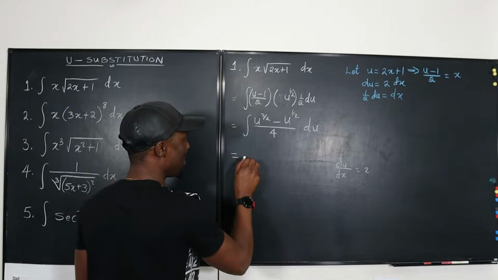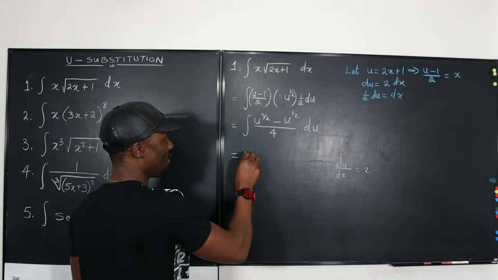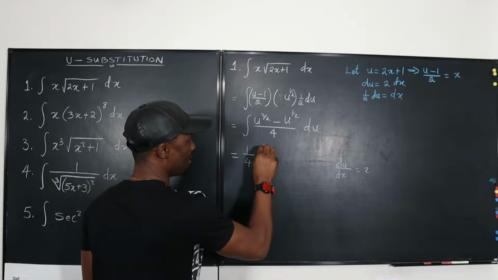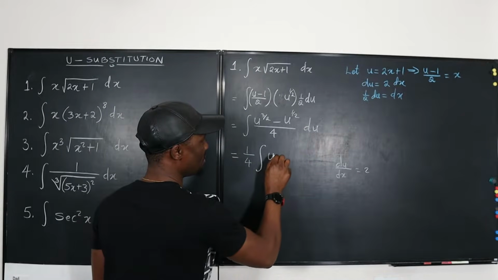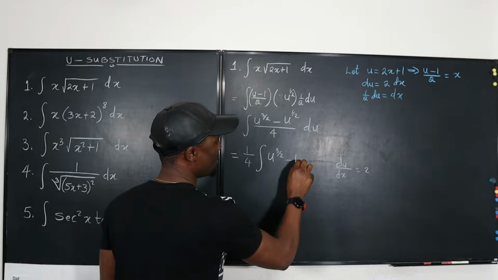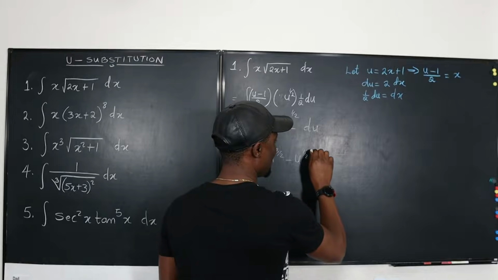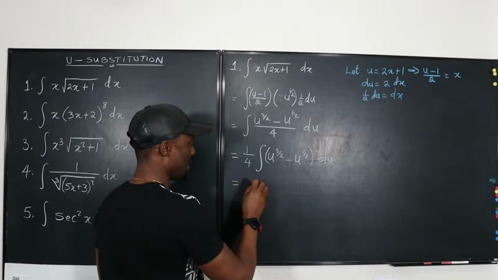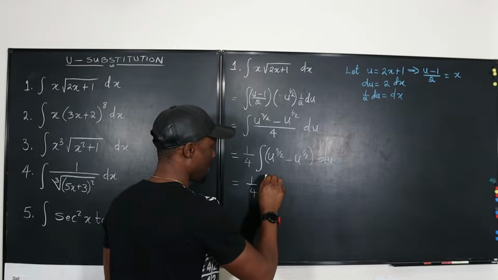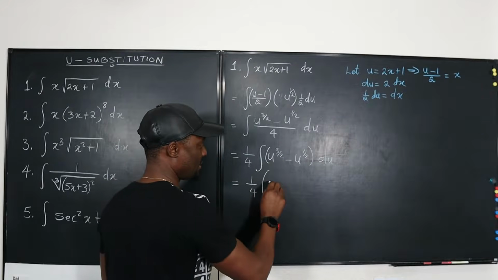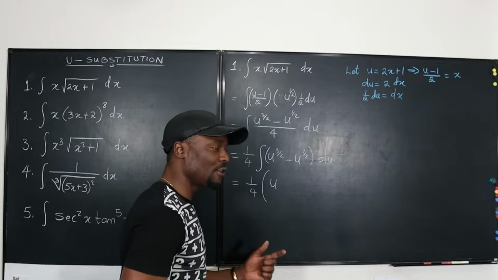So here I can move this 4 out as 1/4, and then I do the integral of u to the 3/2 minus u to the 1/2 du. So now you have du. Let's take the integral, that's 1/4, and then the integral of this is going to be u to the, now how do you integrate?